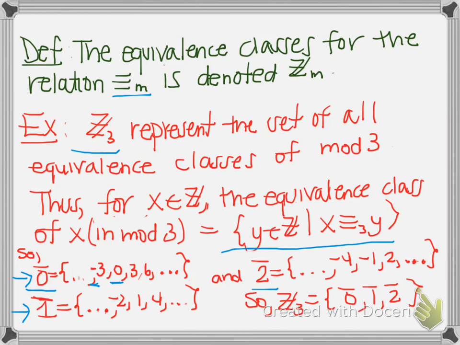If we add 3, we get positive 3, and so on. The same rule applies with the equivalence class of 1: we subtract 3, we get negative 2, and so on, and we add 3, we get 4. That's how Z sub 3 is equal to the set containing the equivalence class of 0, the equivalence class of 1, and the equivalence class of 2.